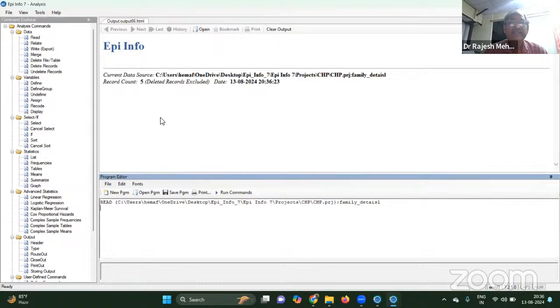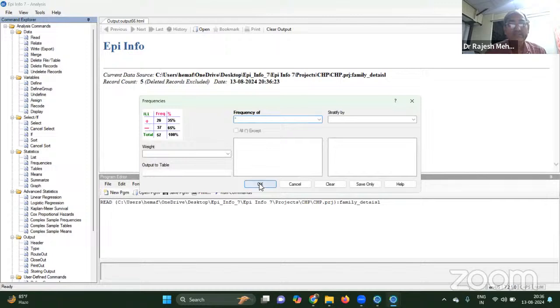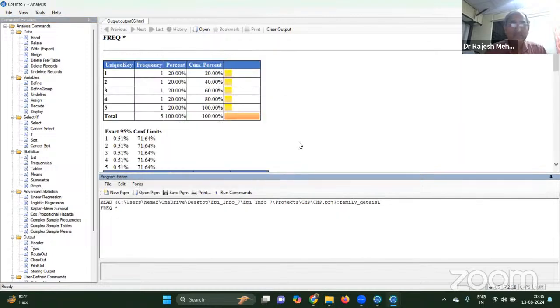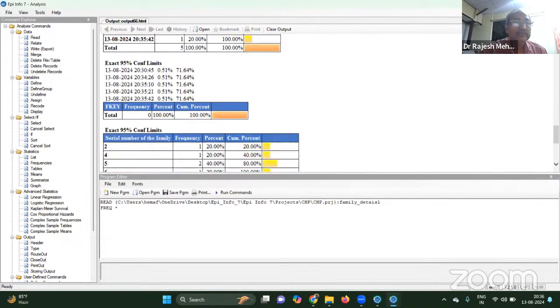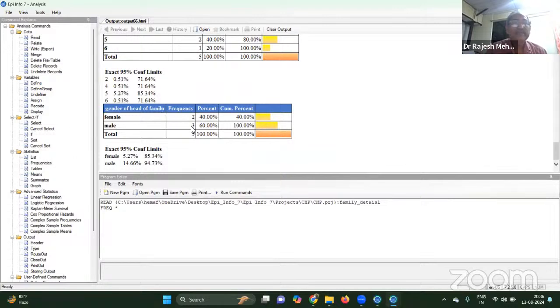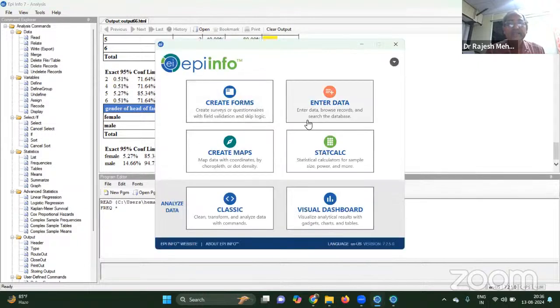Now it is saying 5 records, and from 5 records, then you can go for the frequency. You can see the key, and you can see male, female. You are looking at the frequency also. So we have completed totally 3 things, right? In that, create the forms, enter the data, and analyze it.